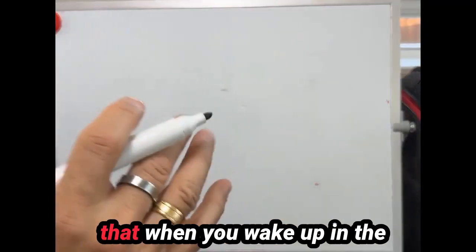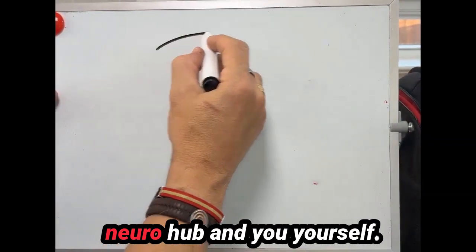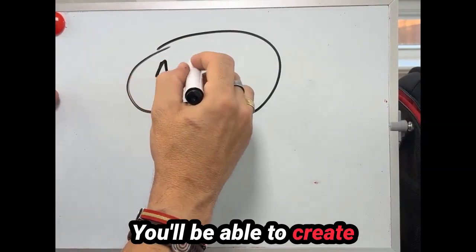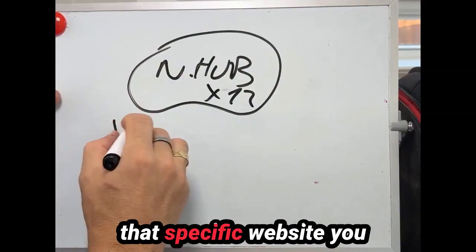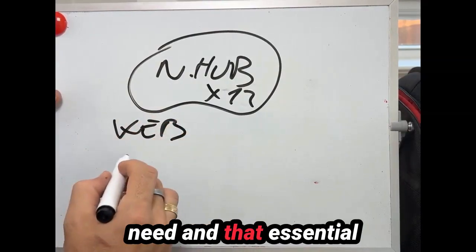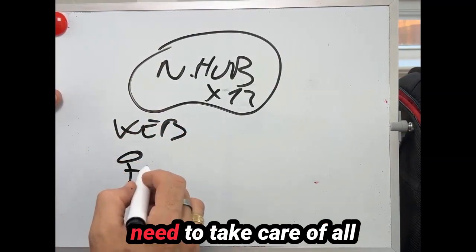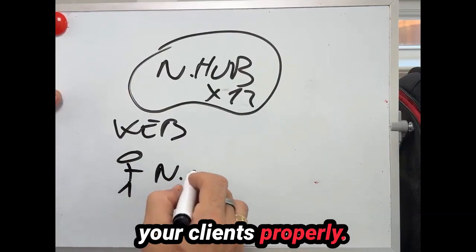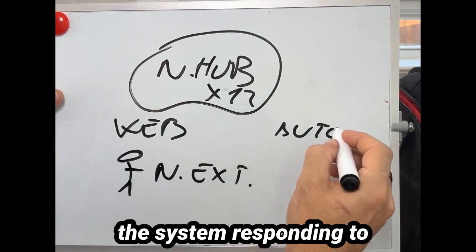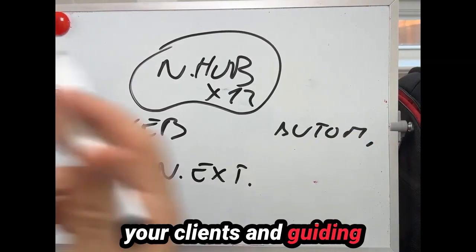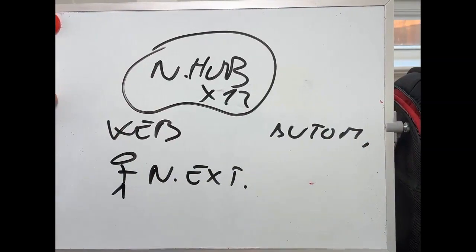Now you have the tool so that when you wake up in the morning, you go into your NeuroHub and you yourself will be able to create that specific website you need and that essential Neuro extension you really need to take care of all your clients properly. You'll be able to create that automation and have the system responding to your clients and guiding them toward purchases.